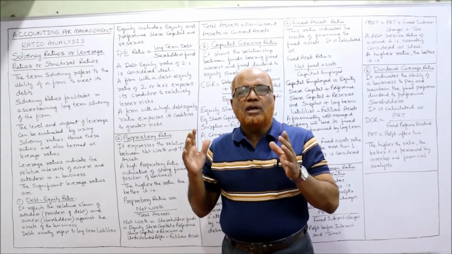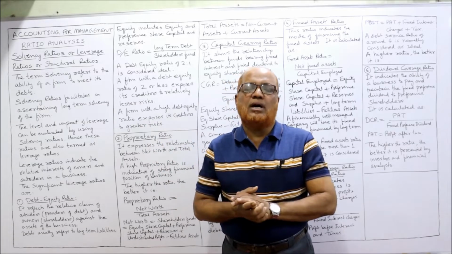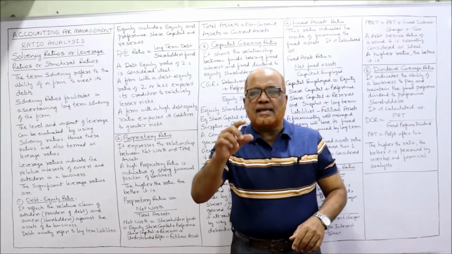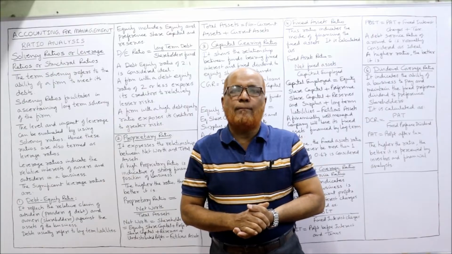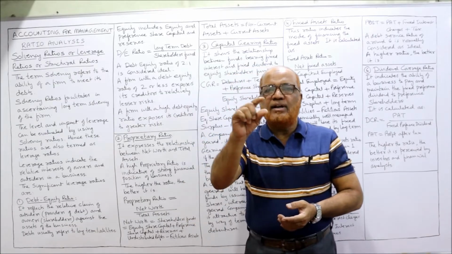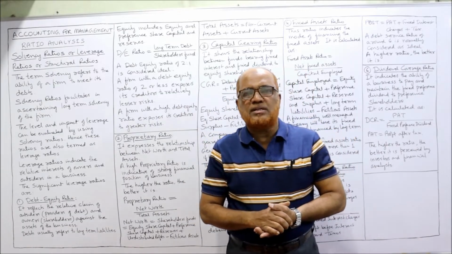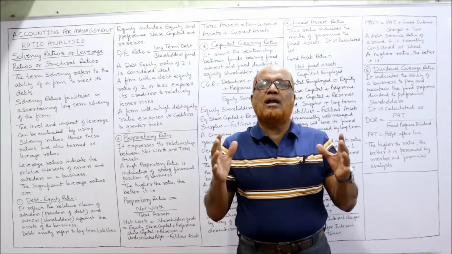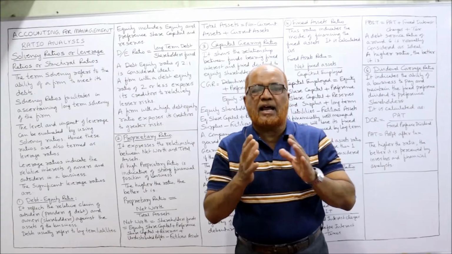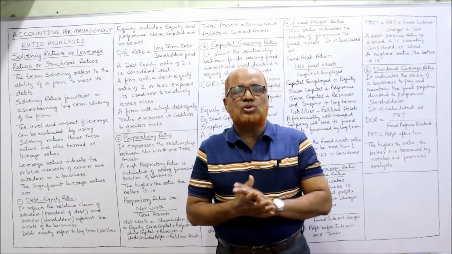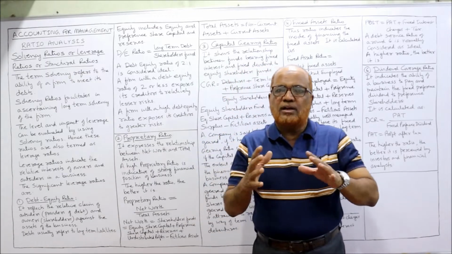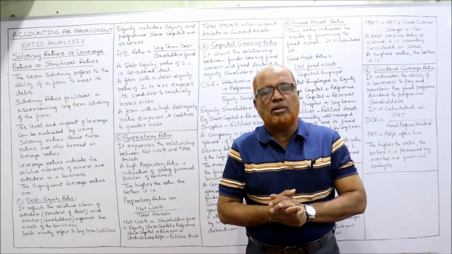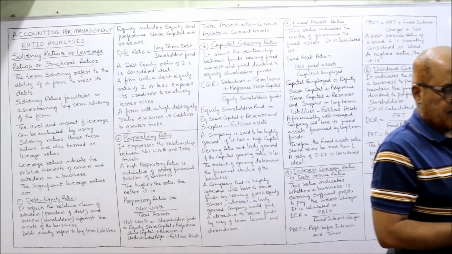Also, if you have not watched the earlier videos, I suggest you go to the playlist of my channel, select the subject accounting for management, select the videos on financial statement analysis, and watch the earlier videos. Be perfect regarding financial statement analysis, then ratios, ratio analysis, then the different categories of ratios. Take the screenshot, then I'll explain all the points in detail.